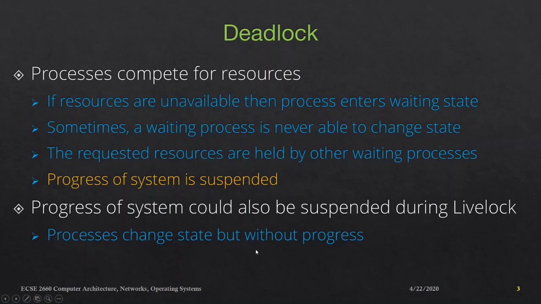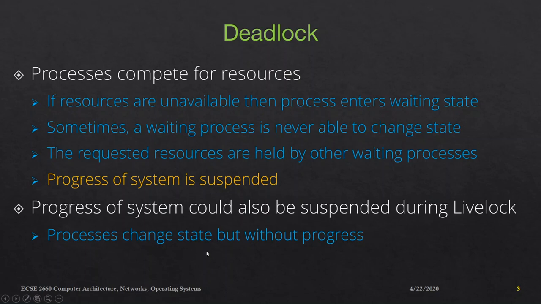So the progress was suspended, but it was waiting for a certain favorable event to happen. And we were allowing the process to change state from running to waiting back to the ready state. So livelock is similar to deadlock, however, it can change state.